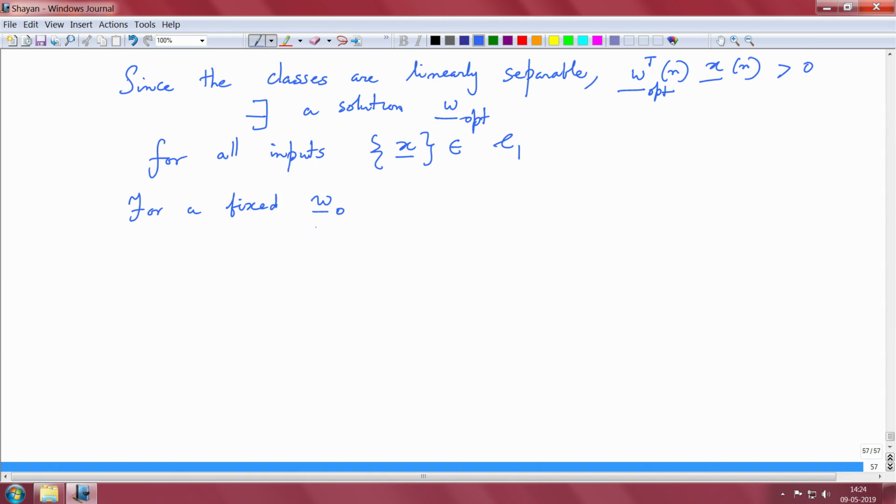For a fixed W_O, let us define a quantity alpha to be the minimum over all x belonging to C1 of W optimum transpose x.